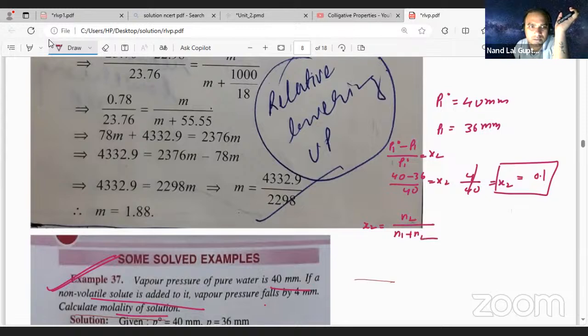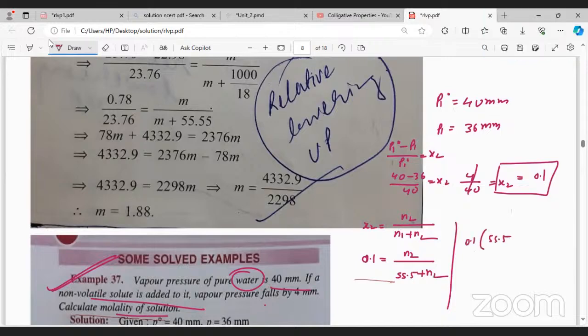This is the vapor pressure of water they are talking about now. So X2 there is 0.1 is equal to n2. Let it be number of mole we required now. Number of mole per kg of solvent. So n1 is 55.5 plus n2. Now you can solve it. 0.1 into 55.5 plus N2 is equal to N2.